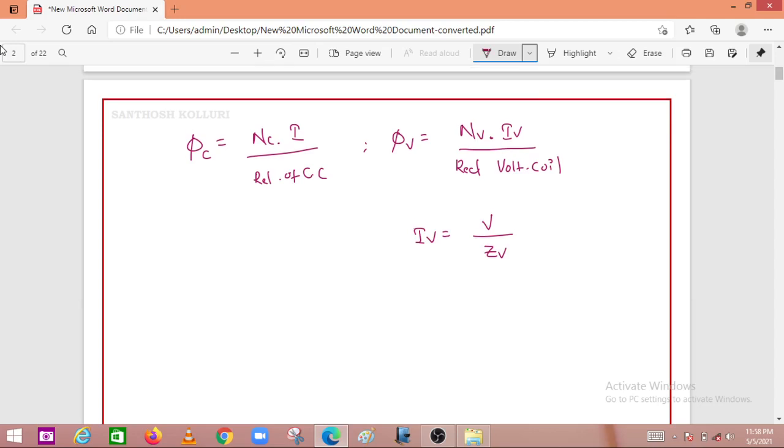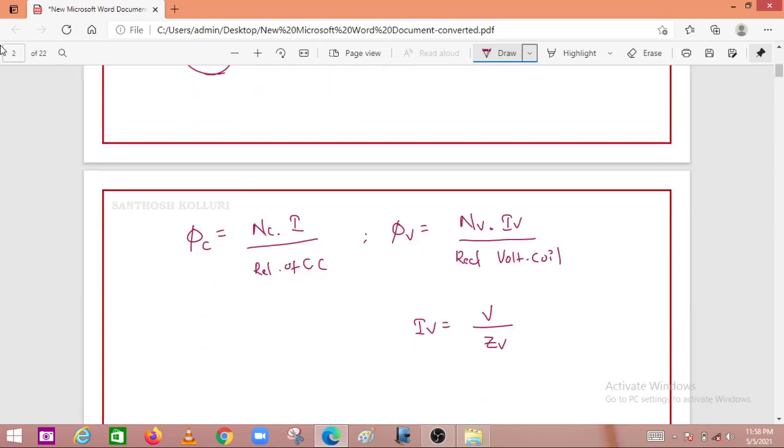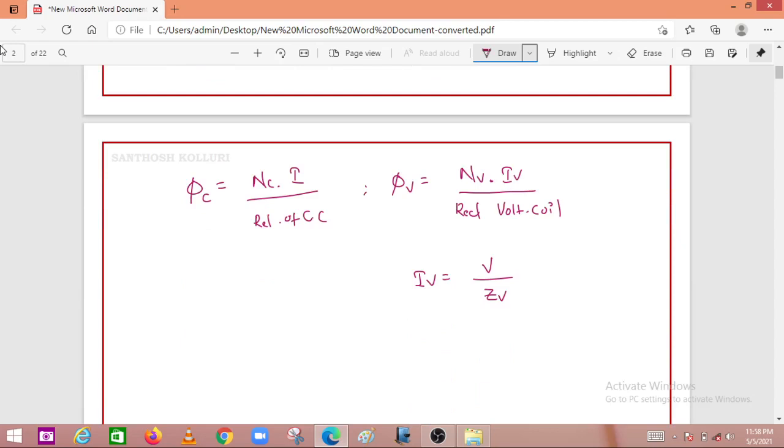So the ZV we have calculated here, V by ZV, right? And the value of ZV is magnitude of ZV at an angle of theta V, and by using this theta V we can set the phase angle between IV and V.